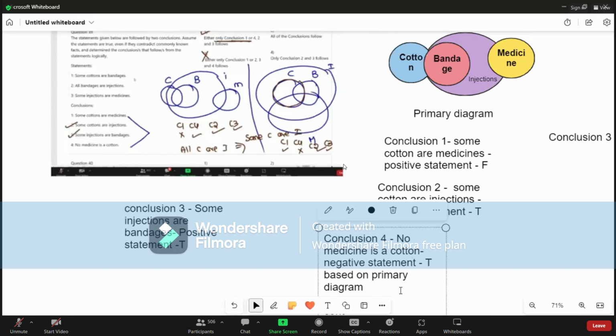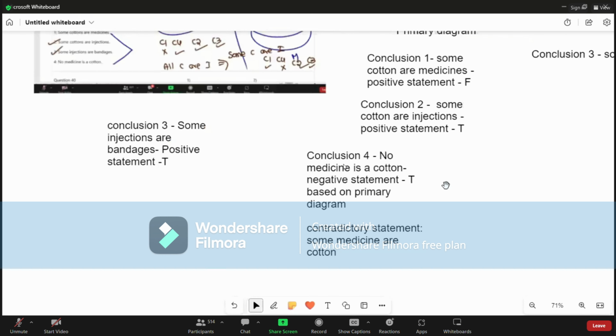Contradictory statement. What is it? That is, some medicine are cotton. Okay, so let's bring this primary diagram here.